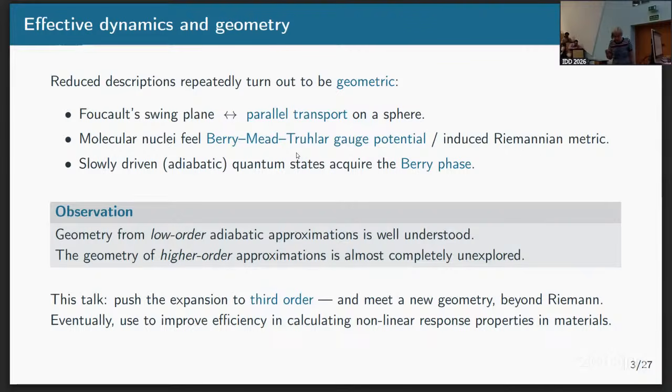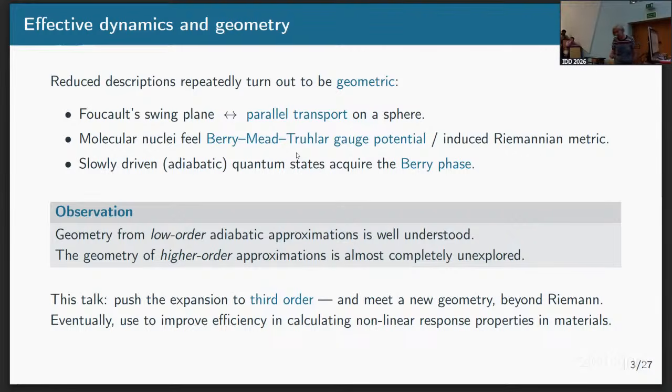And the physical reason why we want to do it is that we want to use geometry to improve efficiency in calculation of the higher order corrections, which are physically relevant in experimental and material science. We want to improve efficiency in two ways, kind of.